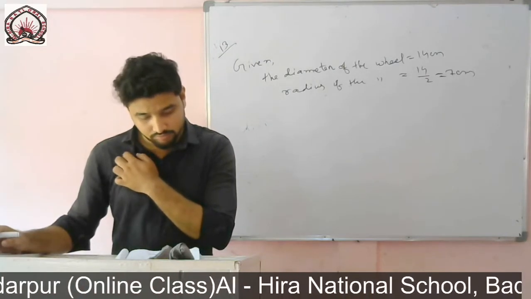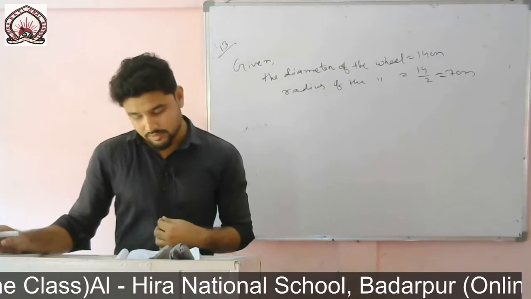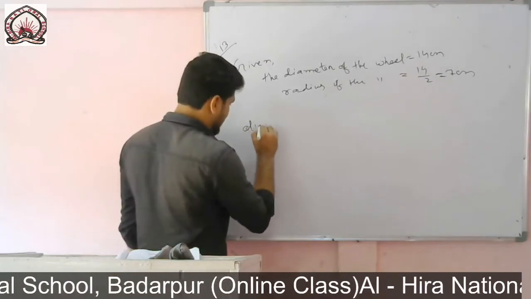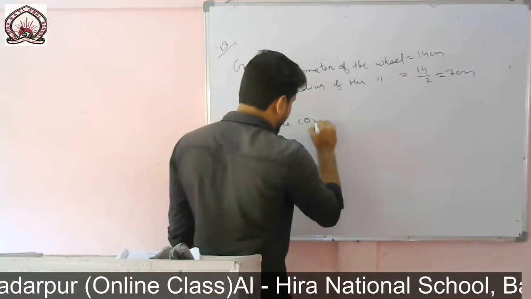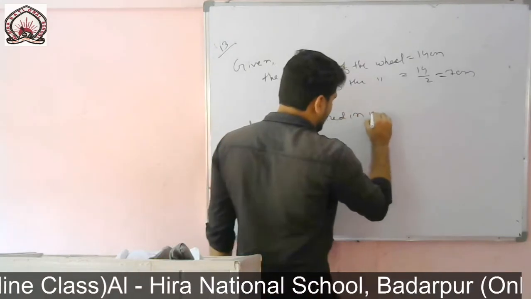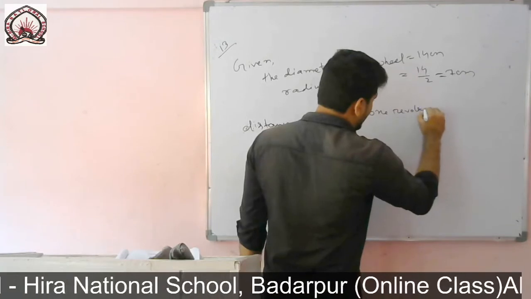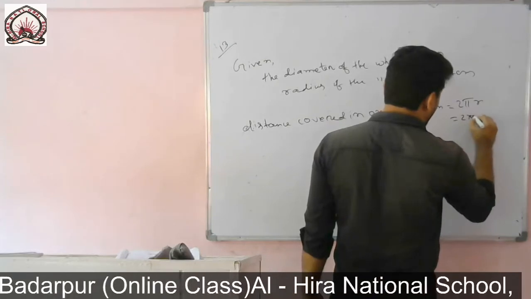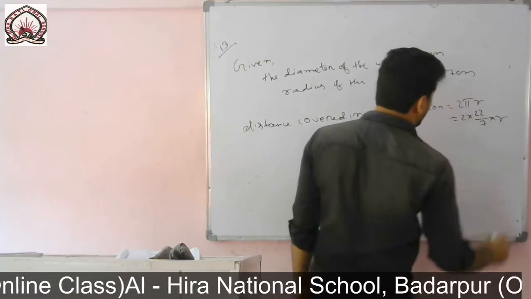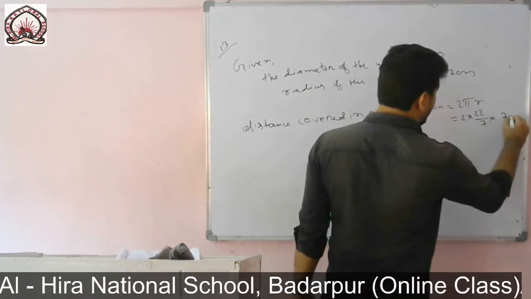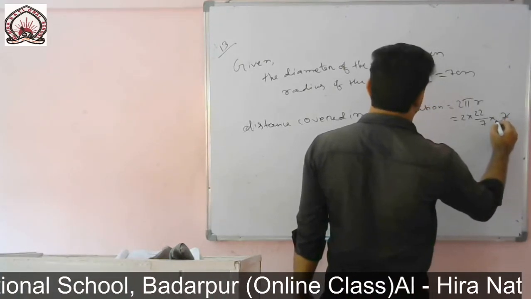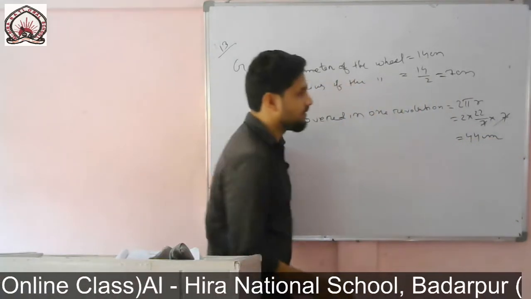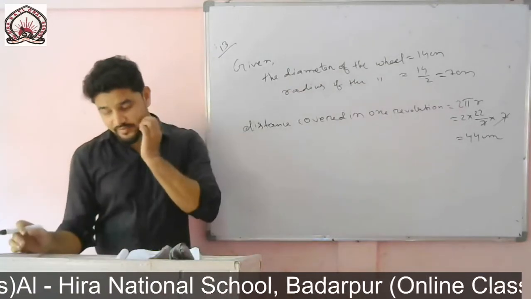Distance covered in one revolution will be 2 pi r. That means 2 into 22 by 7 into r. R we know is 7, so it cancels, and we are getting 44 centimeter.